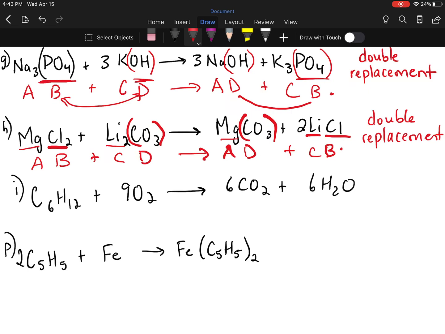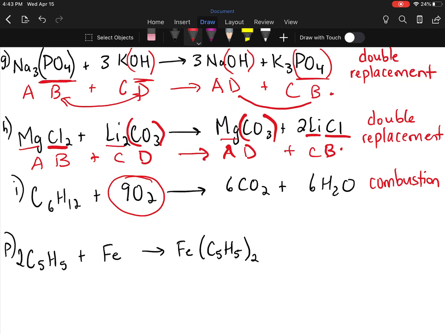Let's look at I. Okay, this kind of equation is my favorite. If you see O2, it is combustion. That's the trick, okay? If you see O2, it's going to be combustion. Well, most of the time, it's going to be combustion.